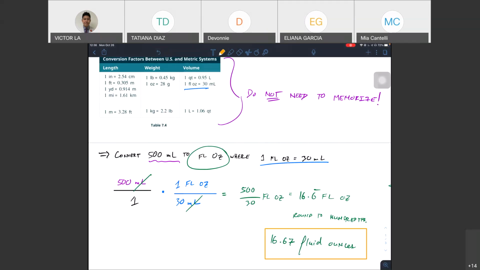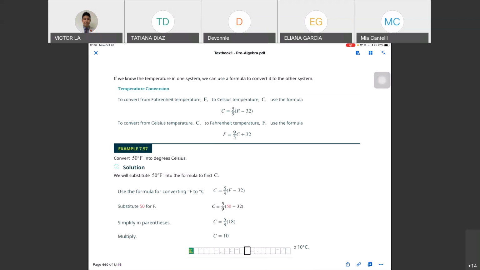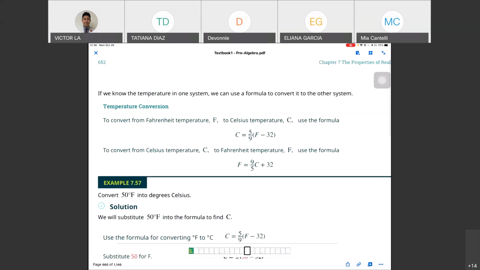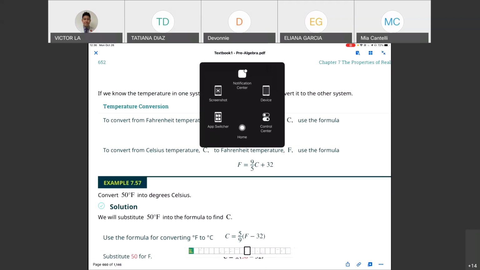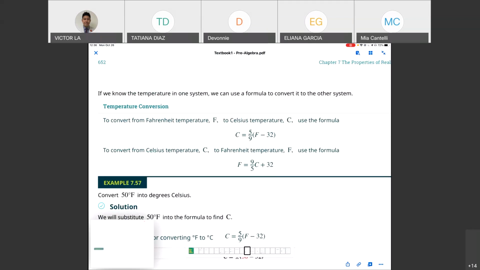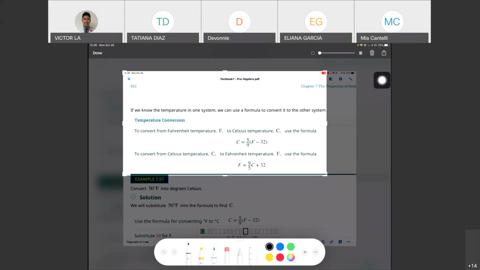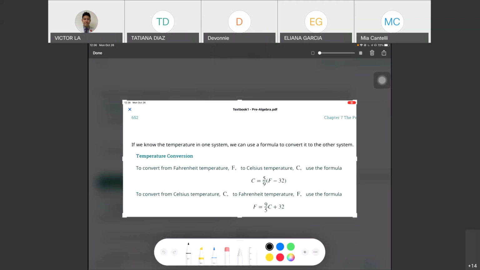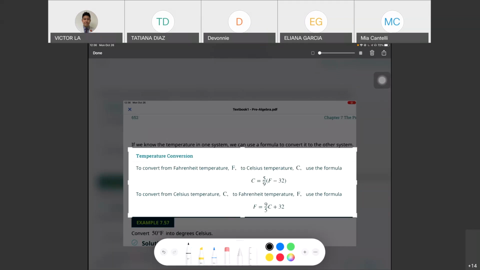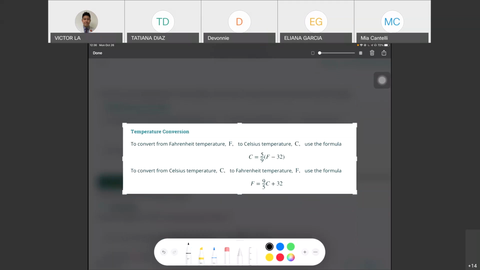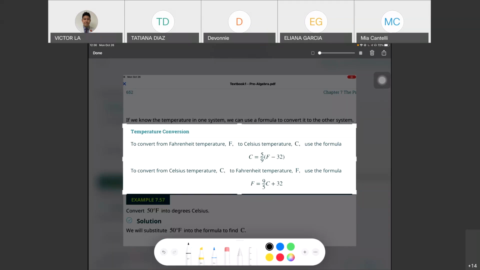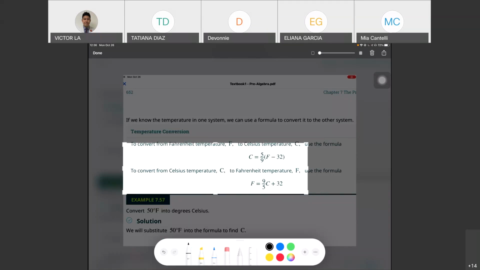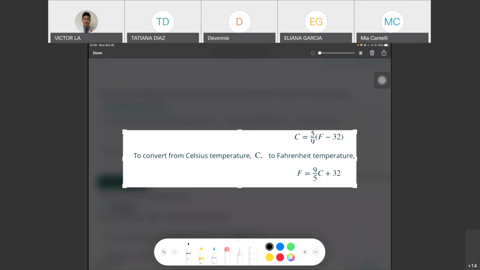Do a screenshot. Oops, nope, that's wrong.